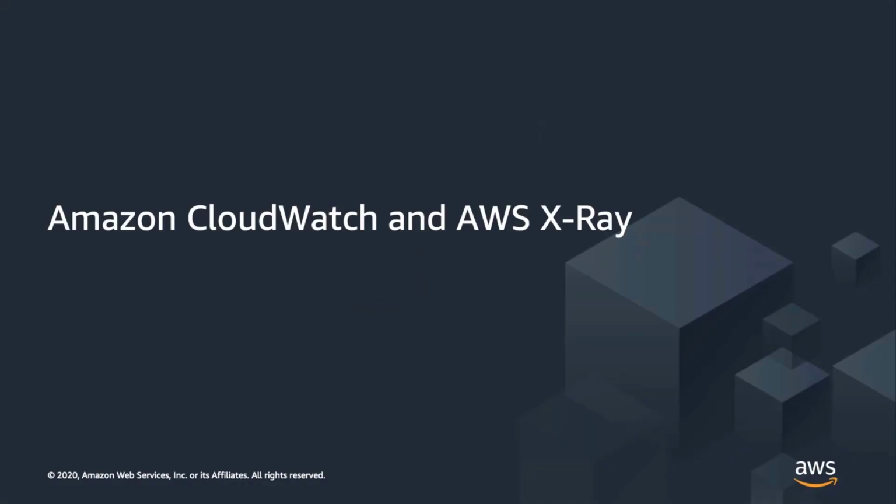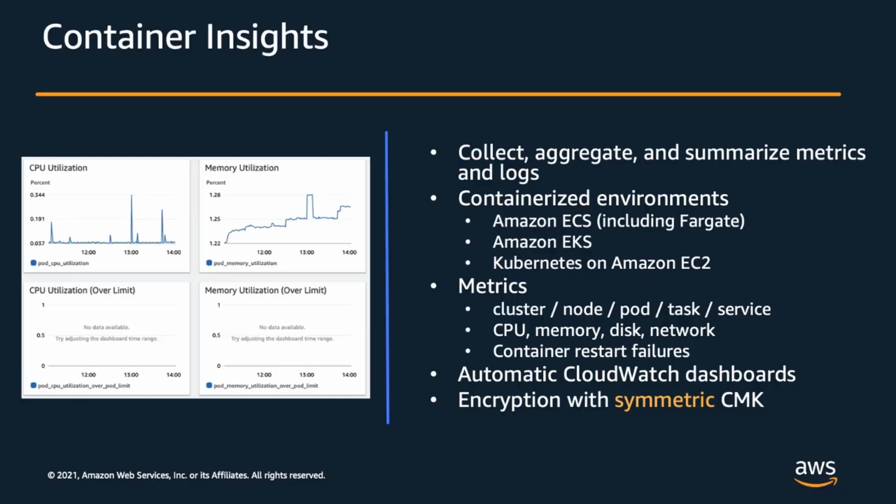Let's first talk about Amazon CloudWatch and AWS X-Ray. Within Amazon CloudWatch, we have Container Insights. Container Insights allows us to collect, aggregate, and summarize metrics and logs from your containerized applications and microservices. Container Insights is available for Amazon Elastic Container Service, Amazon Elastic Kubernetes Service, and Kubernetes platforms on Amazon EC2.